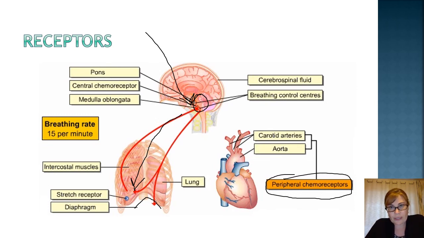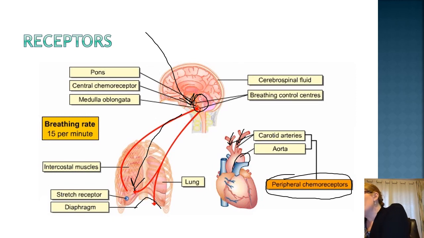They're in the carotid arteries. Yeah, that's kind of weird. No, I'm sorry. This is, and this is, yes. And then the aorta. So we have our chemoreceptors.